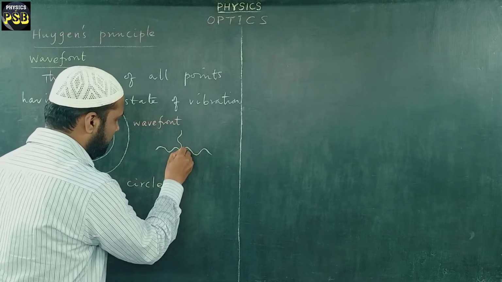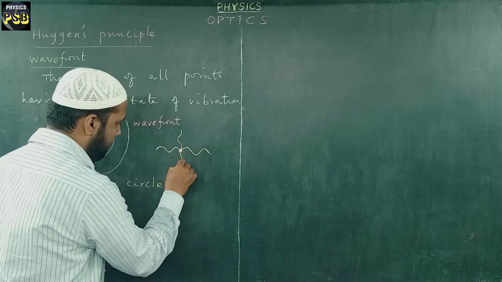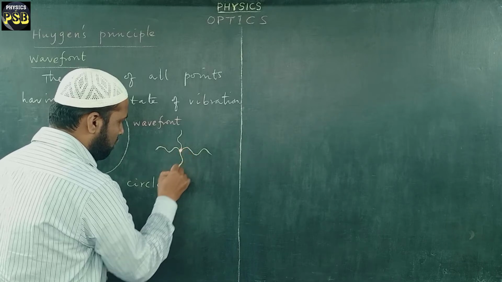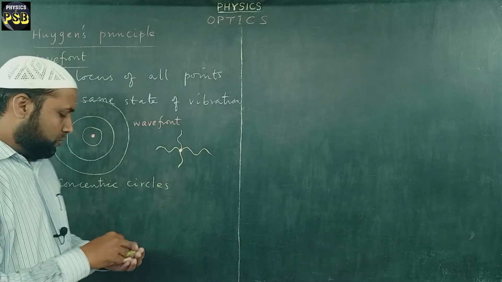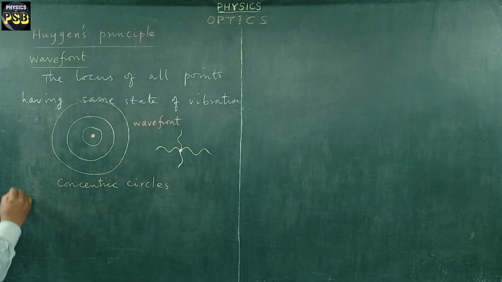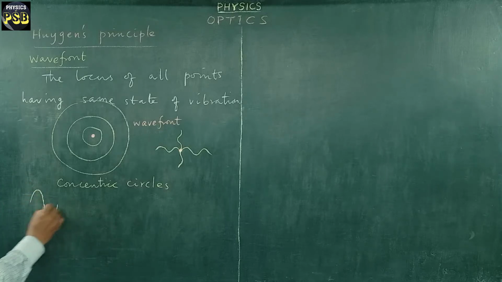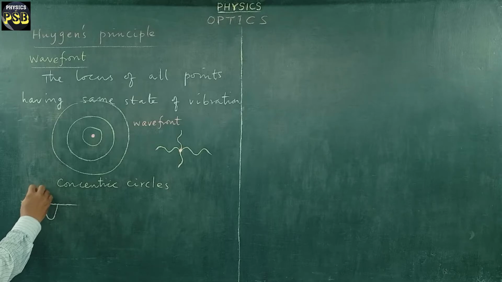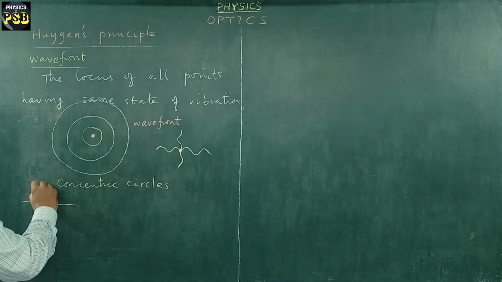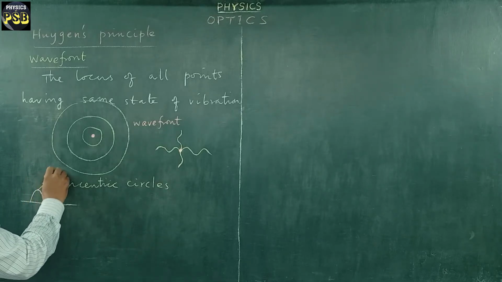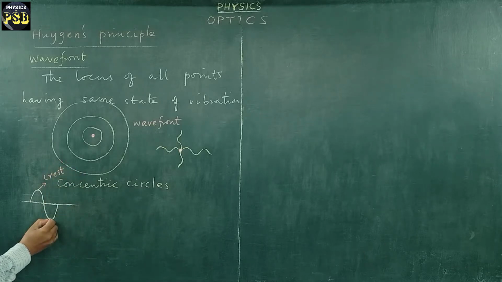Another wave. See all these waves. Now, in case of a wave, this elevated part is referred as crest, whereas this depression represents a trough.